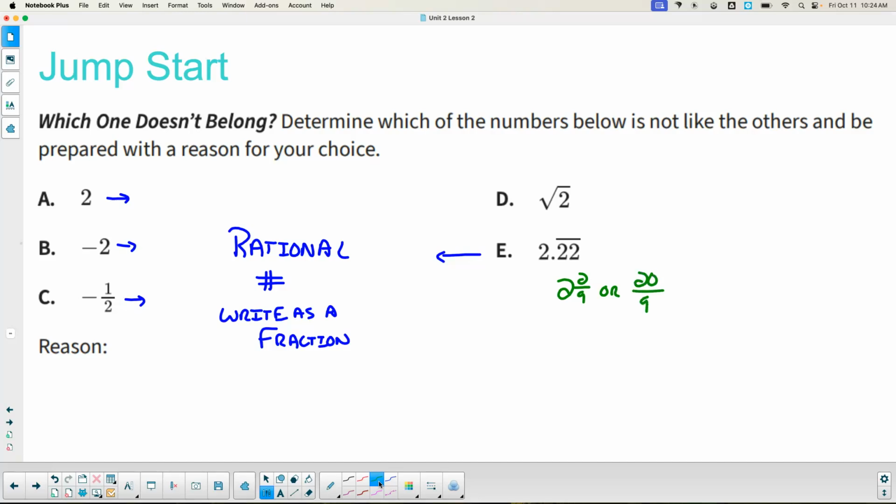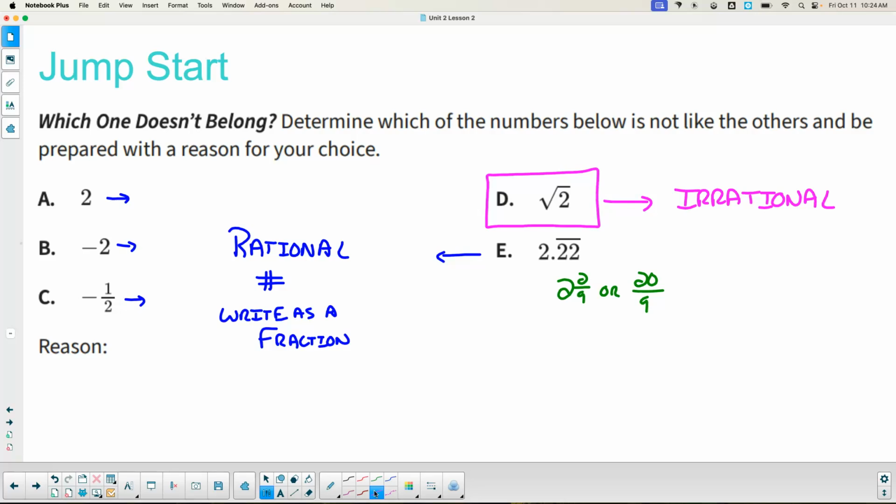There it is as a fraction. The one that I don't like is D. D I don't like because it is irrational, meaning I can't write it as a fraction. That's why we don't like it.